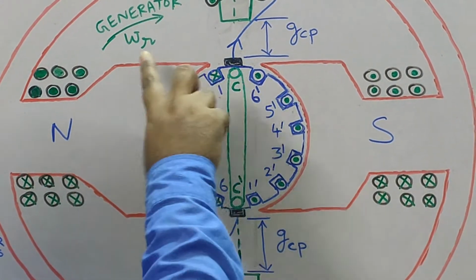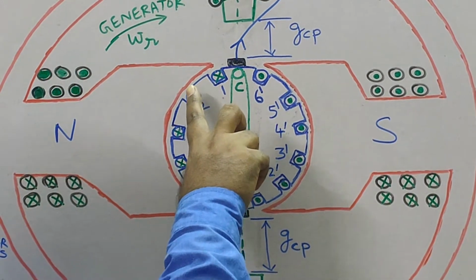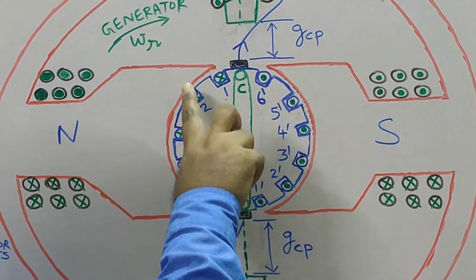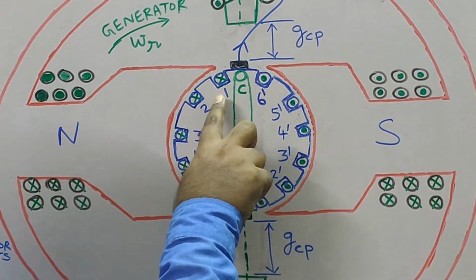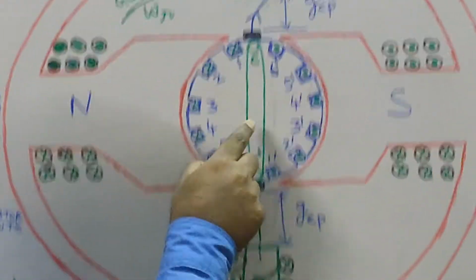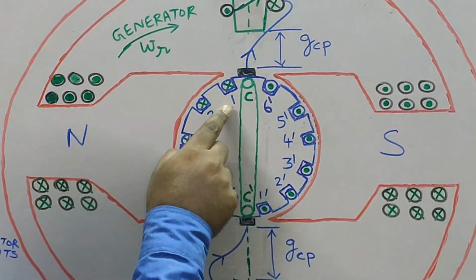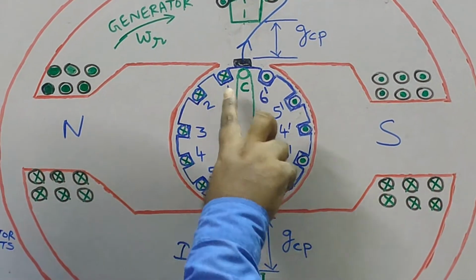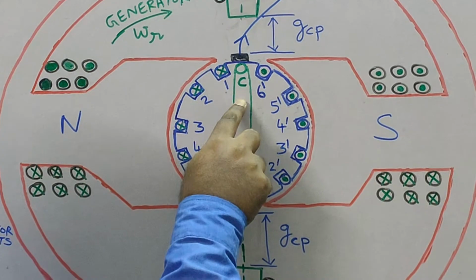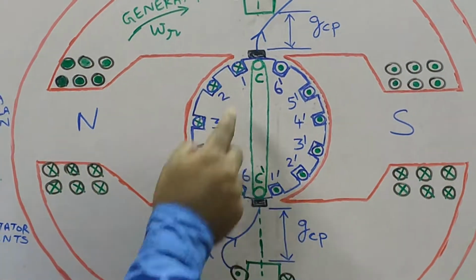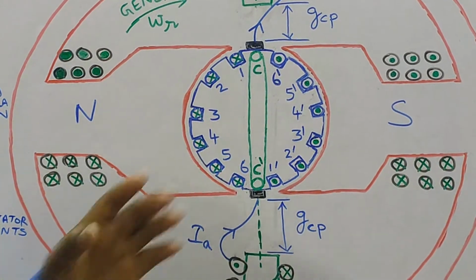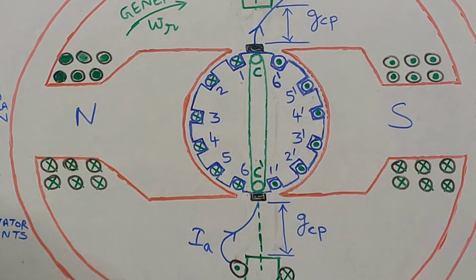The armature core is being driven by the prime mover in clockwise direction. What happens when this coil, whose sides are placed in slot number 1 and 1 dash, comes to the position indicated by coil CC dash? Coil 1 1 dash will then be termed as the commutated coil.